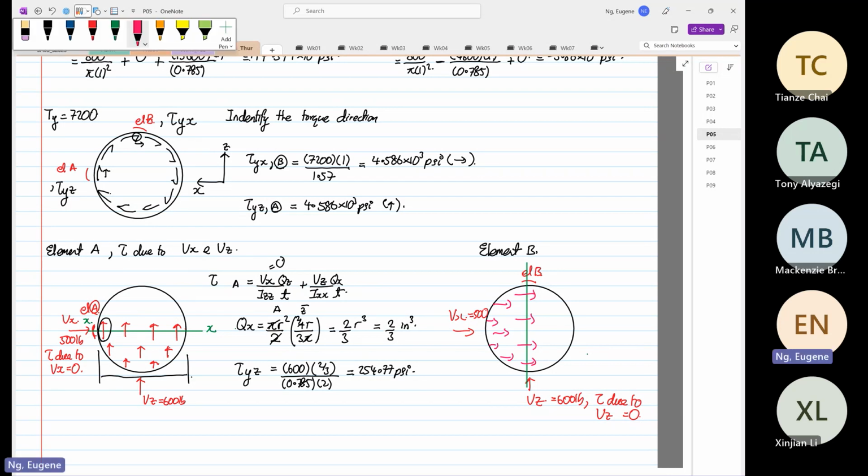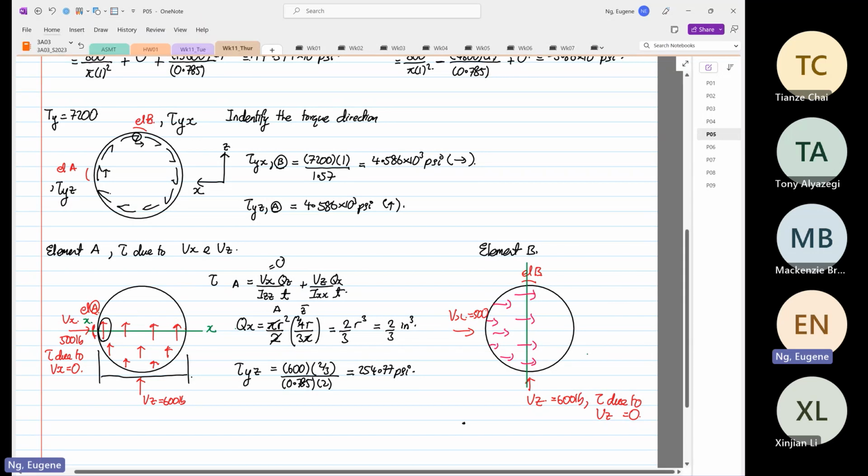So for this case, we're calculating shear in the x direction, right?